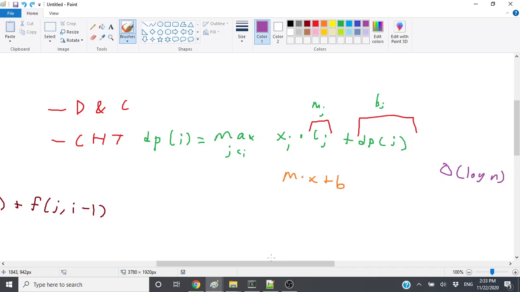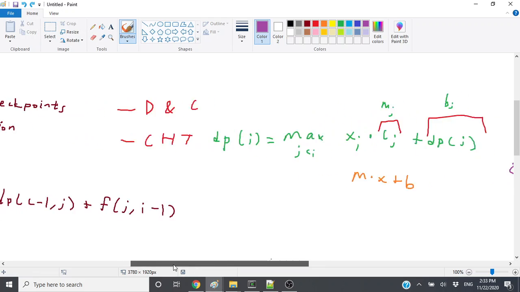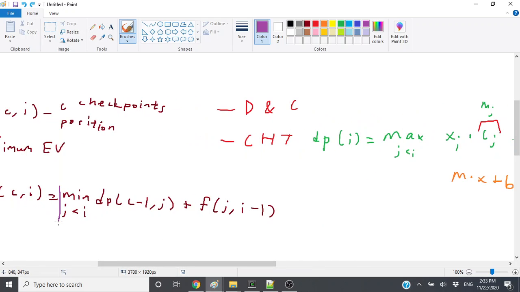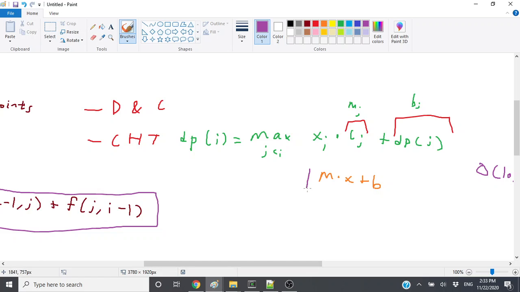So we figure this out. The entire rest of this problem is basically figuring out a way to turn this formula into something that looks like this.